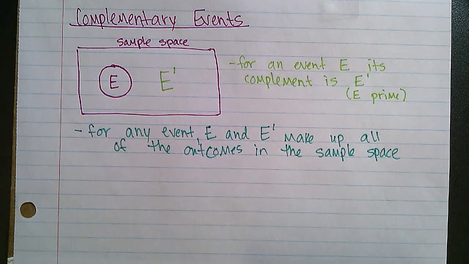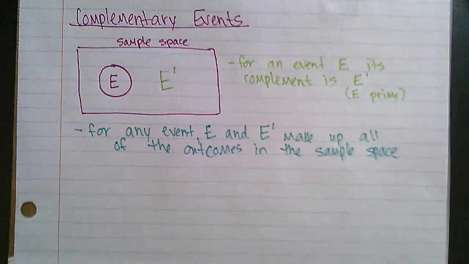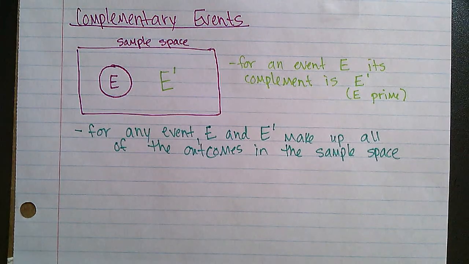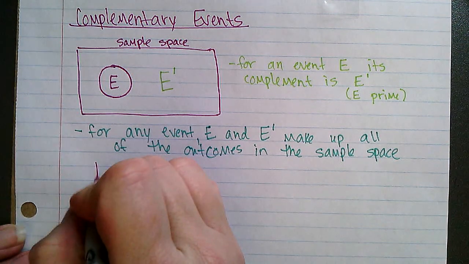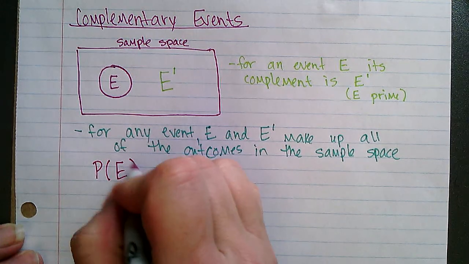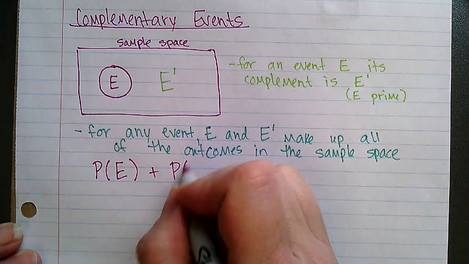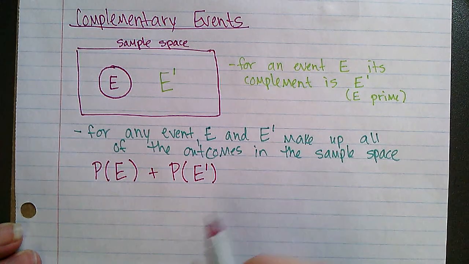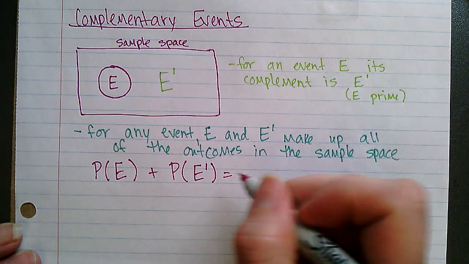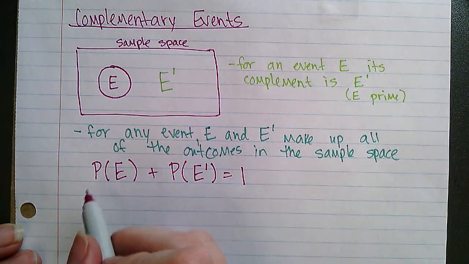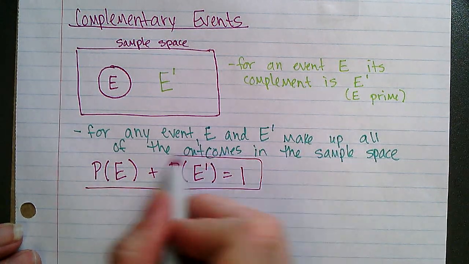Since all of the outcomes in a sample space would give us a probability of 1 if I added up all their probabilities, we can say that the probability of event E plus the probability of its complement, E prime, is going to equal 1, because that's going to be all of the outcomes in that sample space.